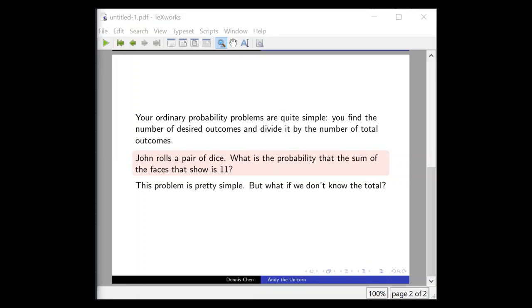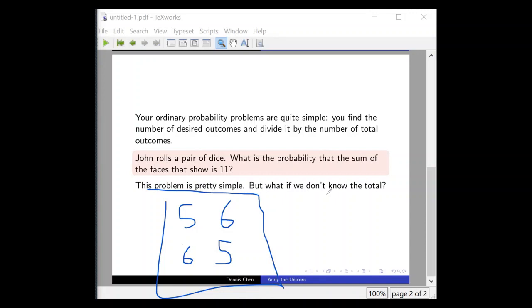Right, so this one is really simple. The only possible outcomes are 5, 6, and 6, 5. These are two possibilities for desirable outcomes.